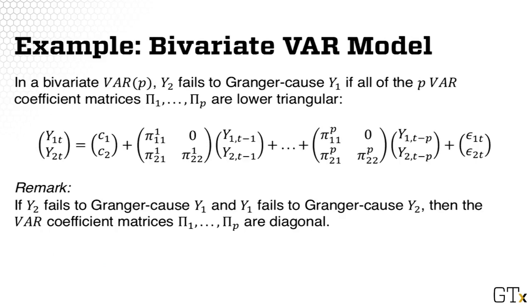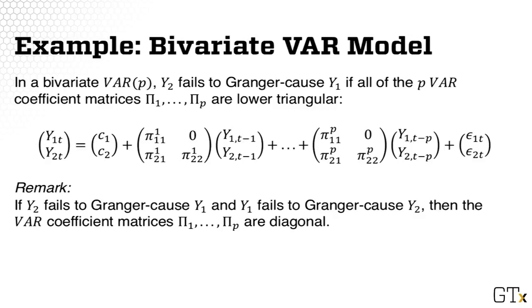In a bivariate VAR model with order P for two time series Y1 and Y2, we have that Y2 fails to Granger cause Y1 if all of the P VAR coefficient matrices pi 1 to pi p are lower triangular.